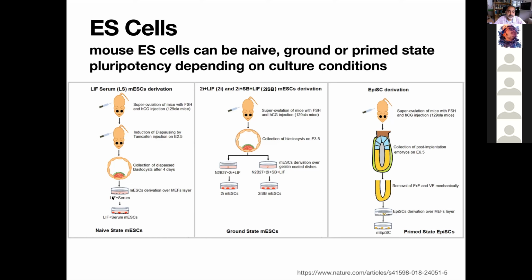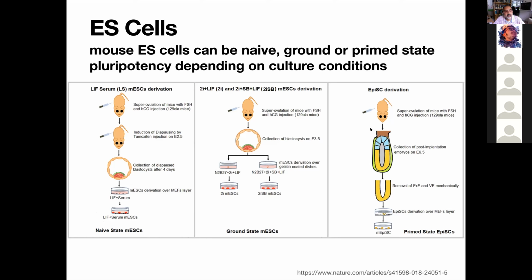As well as this particular growth factor, LIF, is needed. And so LIF with serum propagates mouse ES cells, and it propagates them as naive state mouse embryonic stem cells.